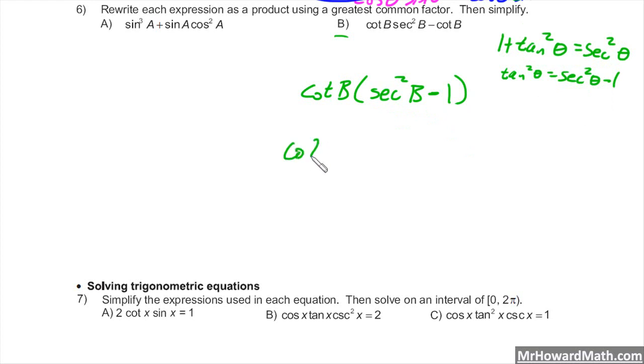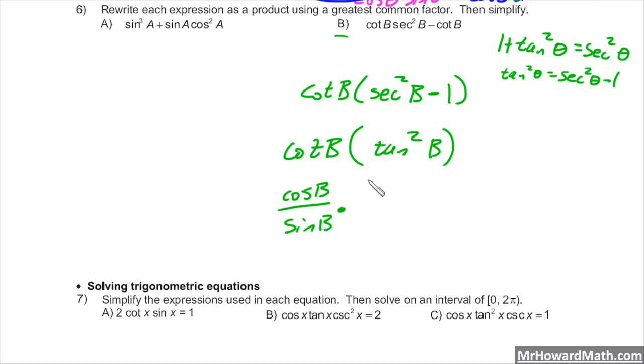So next step I end with tan squared b, we're using b as our angle here. So I have cotangent b times tan squared b. Well, let's rewrite everything in terms of sine and cosine. So I would have cotangent b, same thing as cosine b over sine b, times tan squared b, which is the same thing as sine squared b over cosine squared b.